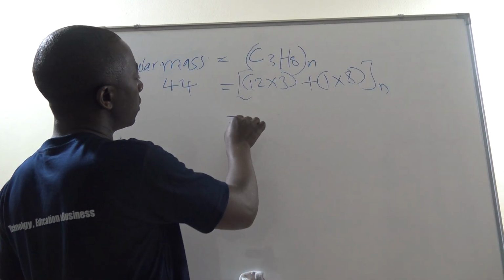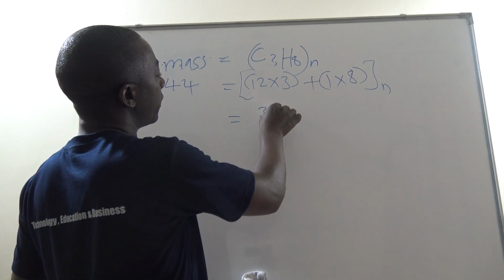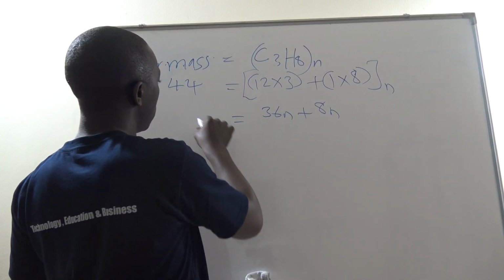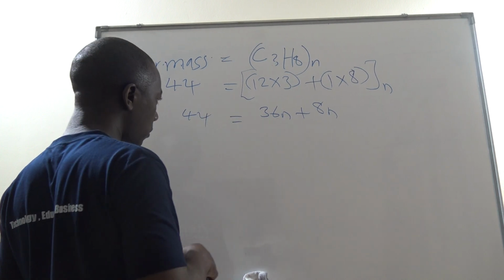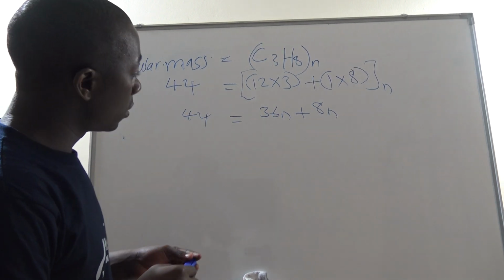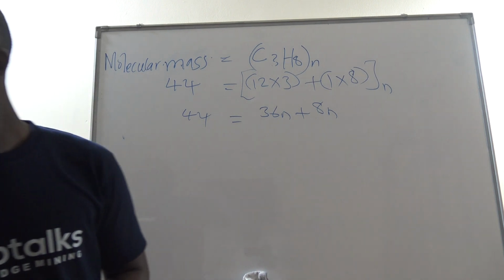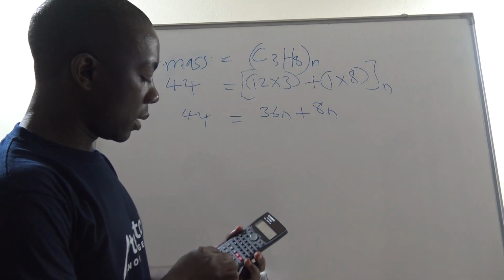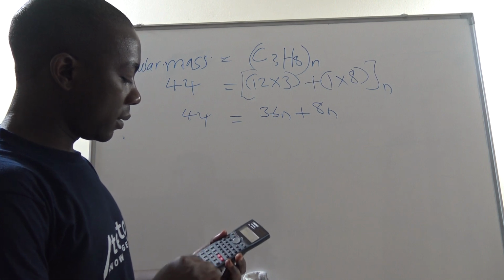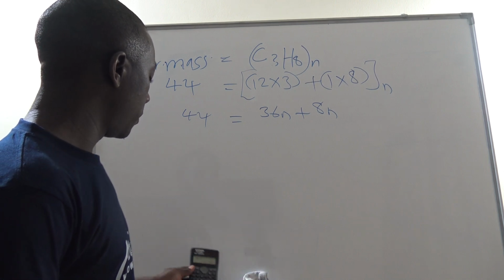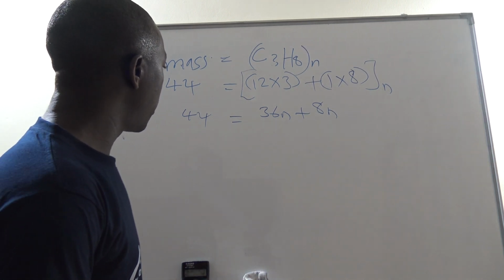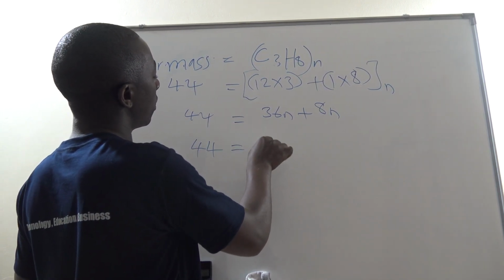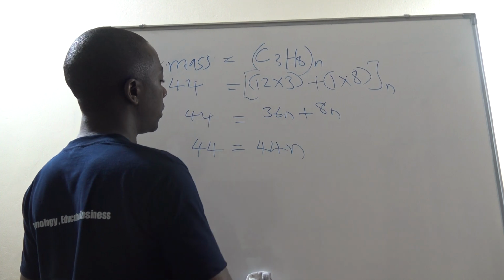So we have 36n plus 8n equaling 44. 36 plus 8 gets 44, so we have 44 equaling 44n.